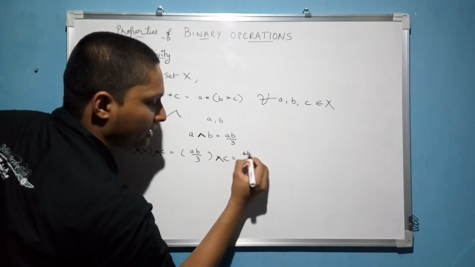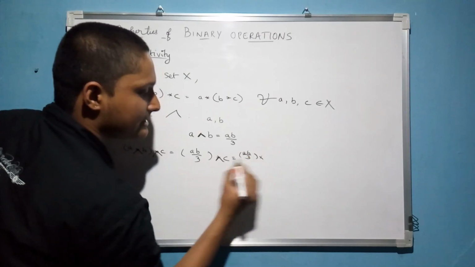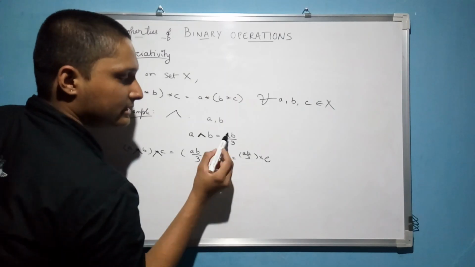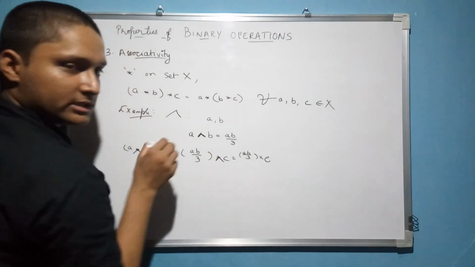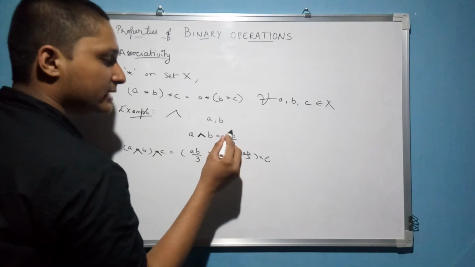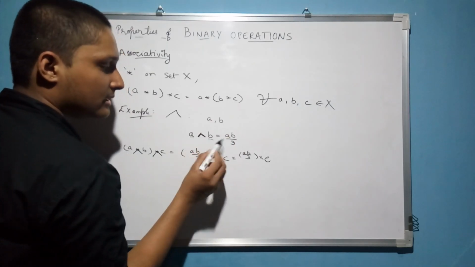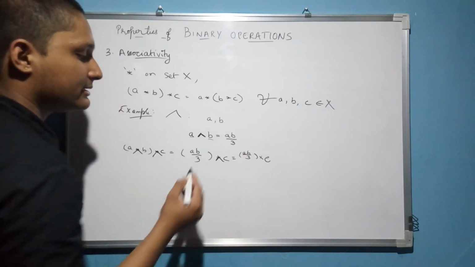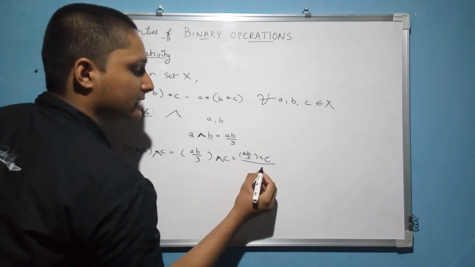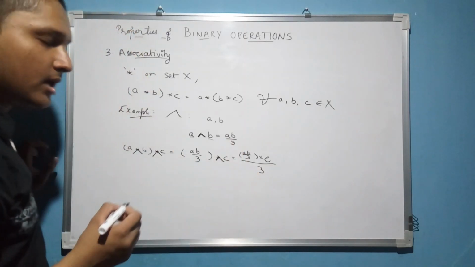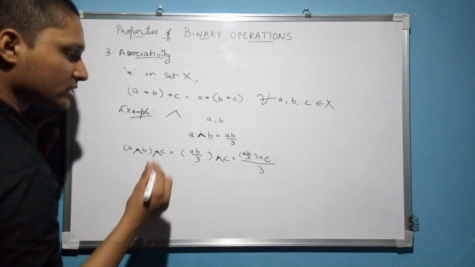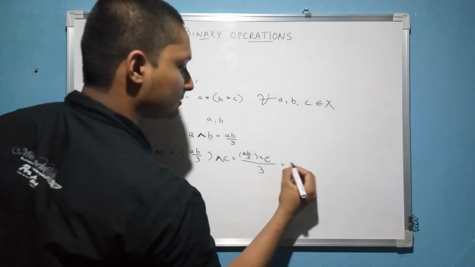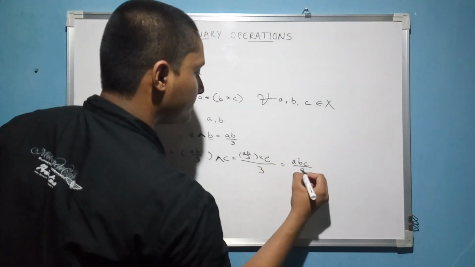AB by 3 is one number and C is one more number. In place of A, I should write this whole term, AB by 3, and in place of B, I should write C, because that is the order in which they occur here. Now I need to divide by 3 again, because the binary operation says so. So this becomes ABC divided by 9.